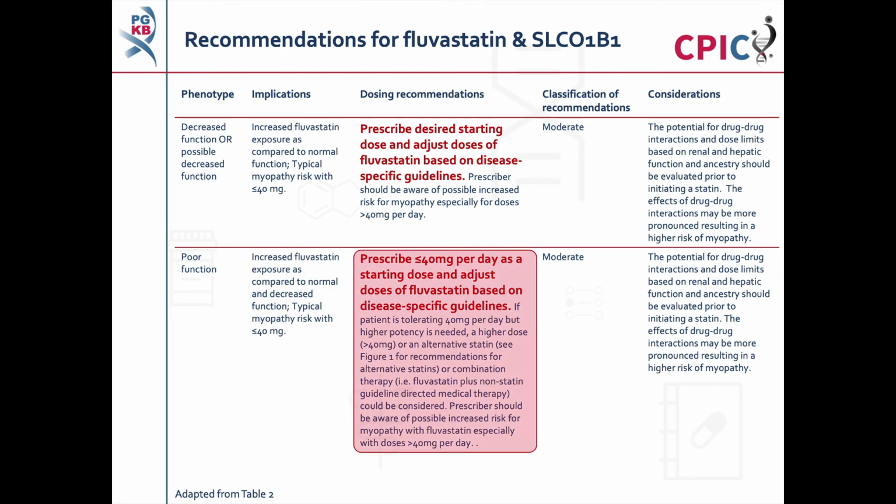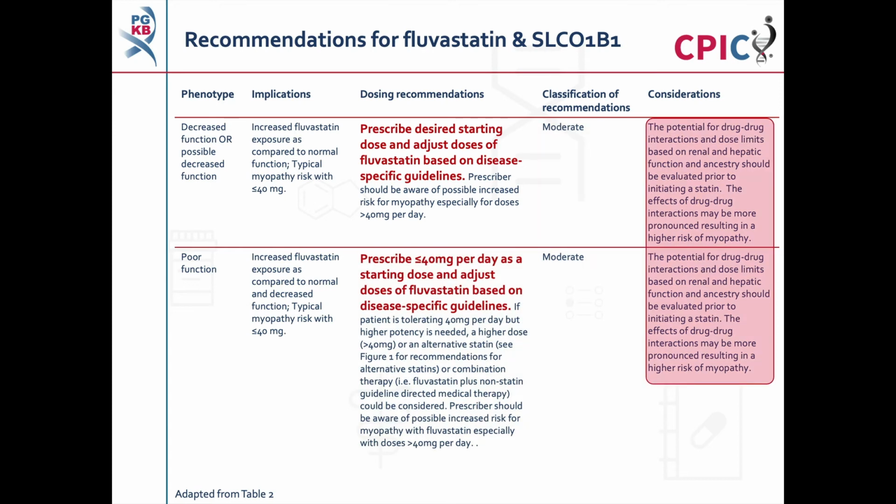These patients should be prescribed a starting dose of no more than 40 mg. These are moderate recommendations. As with all statins, the potential for drug-drug interactions and the effects of renal function, hepatic function, and ancestry should all be considered. The effects of drug-drug interactions may be more pronounced in patients with decreased or poor SLCO1B1 function.